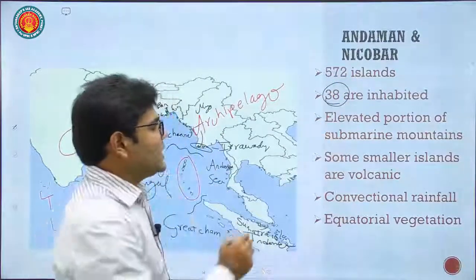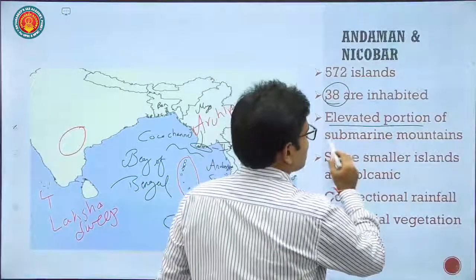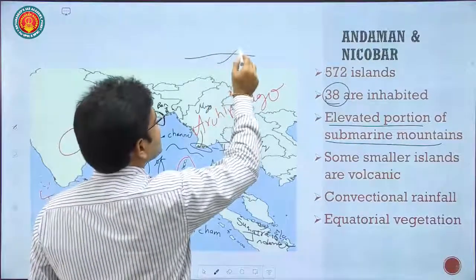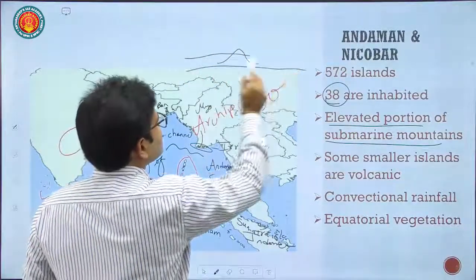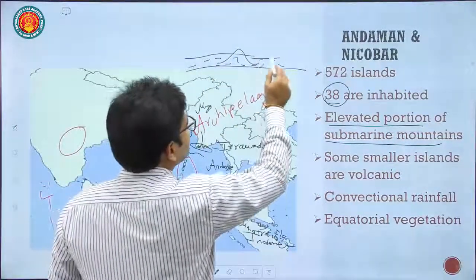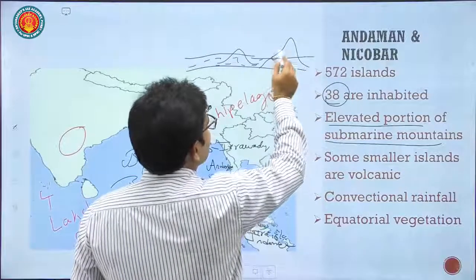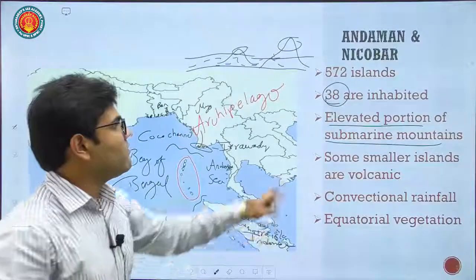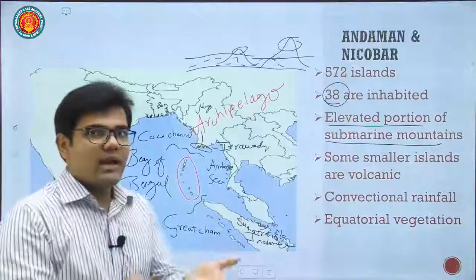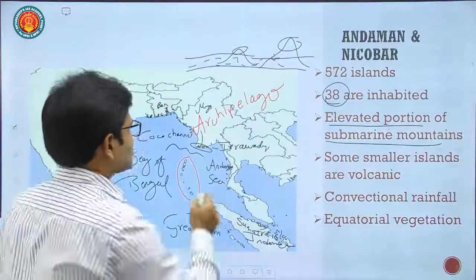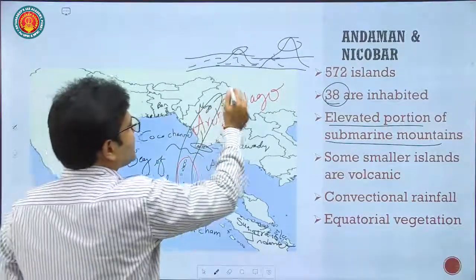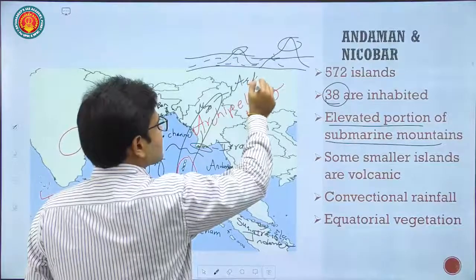Then the Andaman and Nicobar are the elevated portion of submarine mountains. What does it mean? This is the seabed, and here we have the Bay of Bengal and the Andaman Sea. These islands are the elevated portions of the submarine mountains. Some also consider this an extension of the Arakan Yoma, a mountain range in Myanmar.